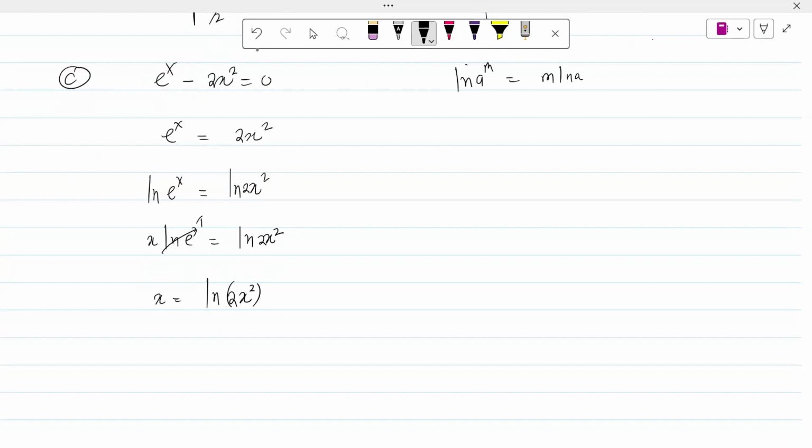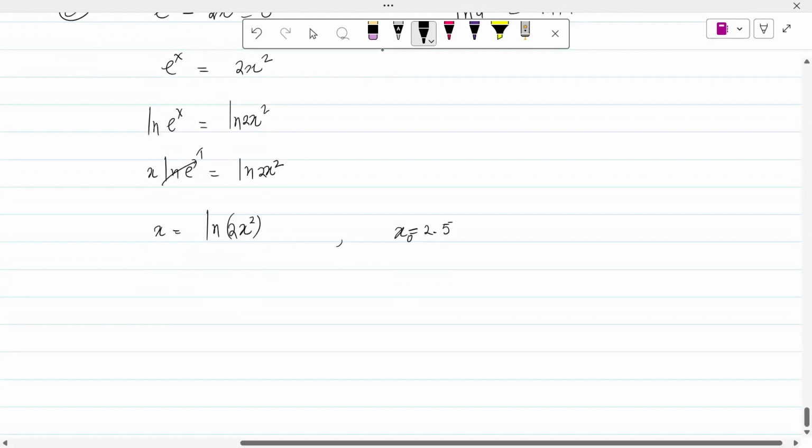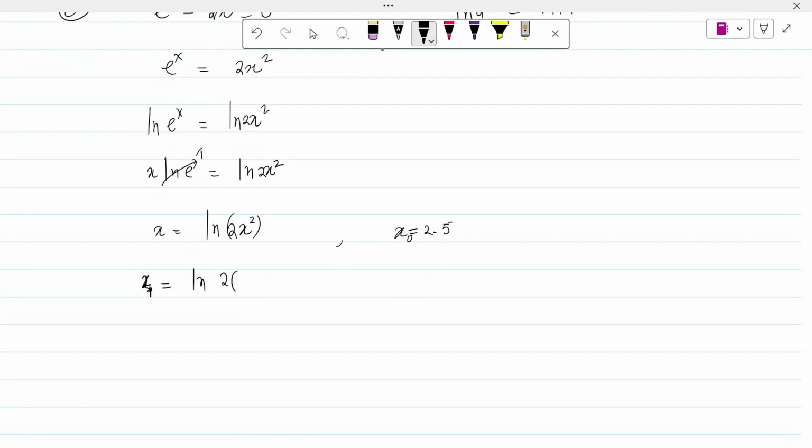Now let's try this arrangement. We're going to use it now with x0 equal to 2.5. Let's see if we're approaching 2.6. So x0, this will be x1 now. Natural log of 2 times 2.5 squared, right?